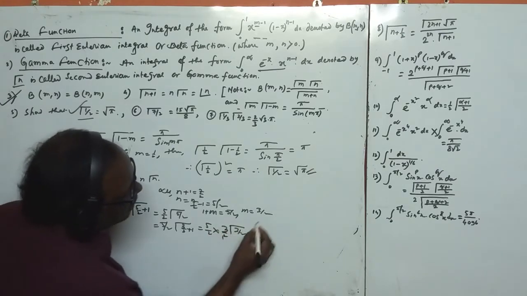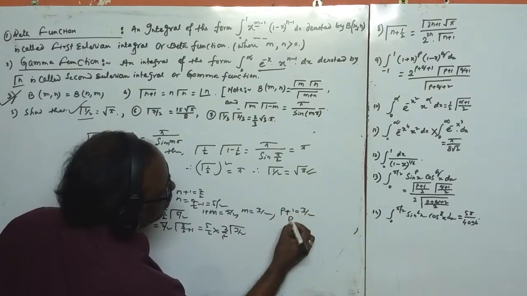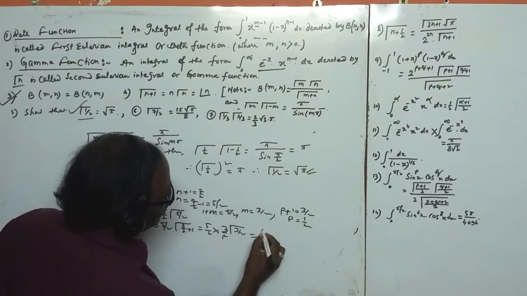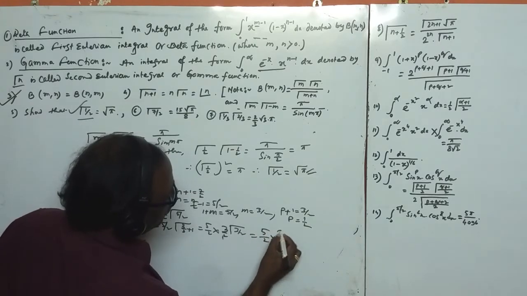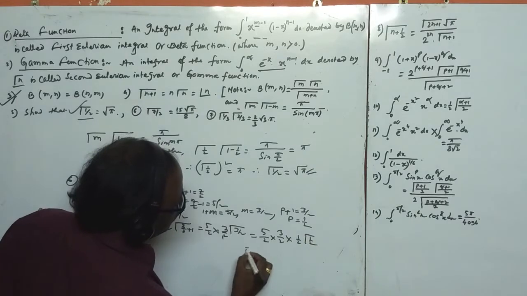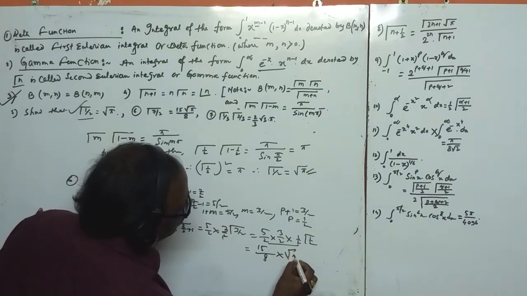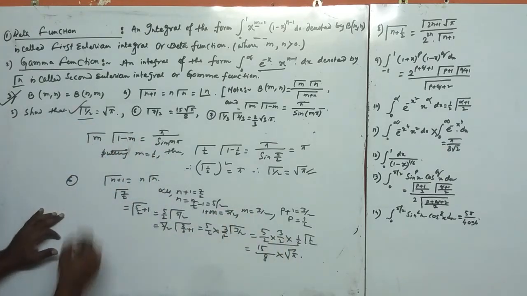Again 3 by 2, that is p plus 1 is equal to 3 by 2, so p is equal to half. So this is 5 by 2, 3 by 2, half into gamma half. So this is 15 by 8 into root pi. Okay, this is your answer C.